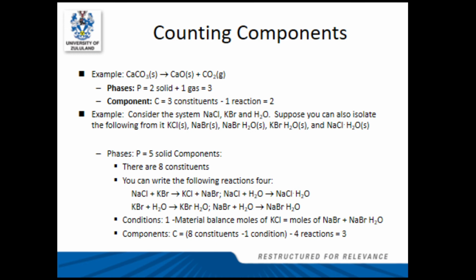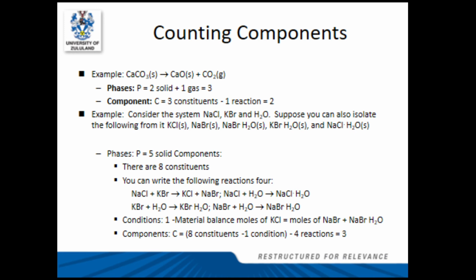But what about the constituents? I said that we look into our system, and all the ions or molecules that are present must be included. You can see that it is possible for the number of phases to be less than the number of constituents, because in this case, the number of constituents is equal to 8. Why is it equal to 8?